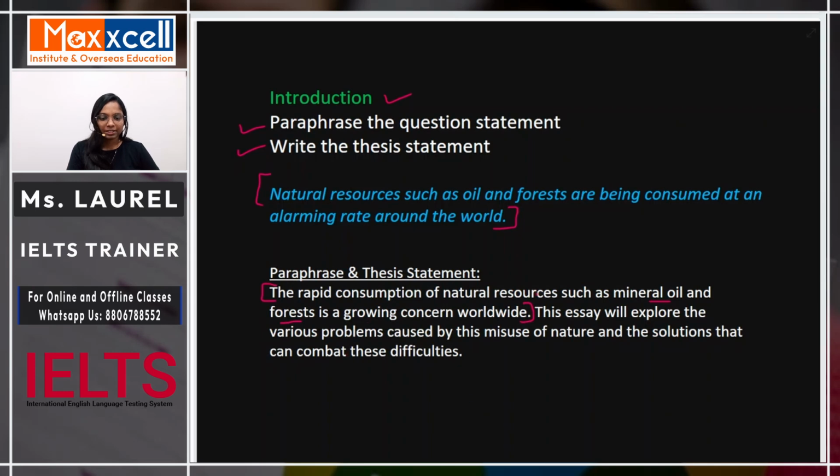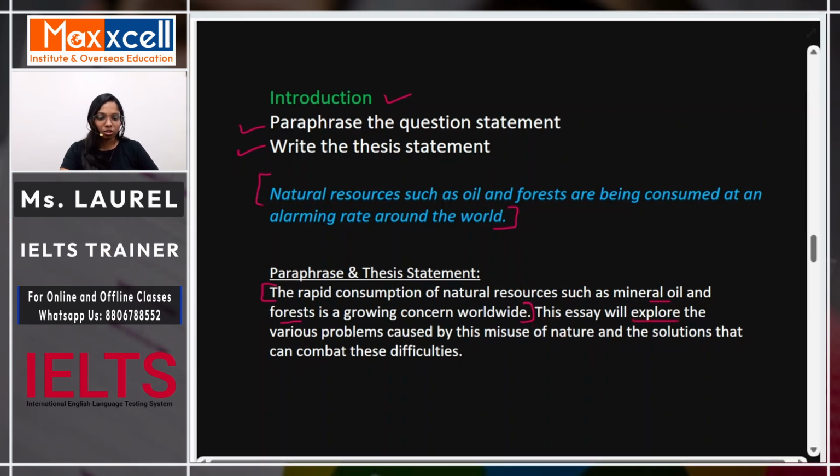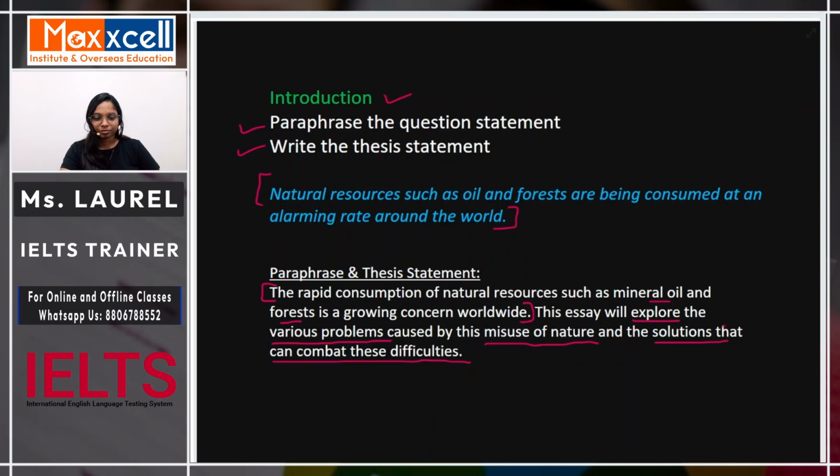Now moving on, this is the thesis statement. Basically, you need to tell what all you'll be covering in the essay. So here it is. This essay will explore the various problems caused by this misuse of nature and the solutions that can combat these difficulties. So this is the complete introduction for our essay.